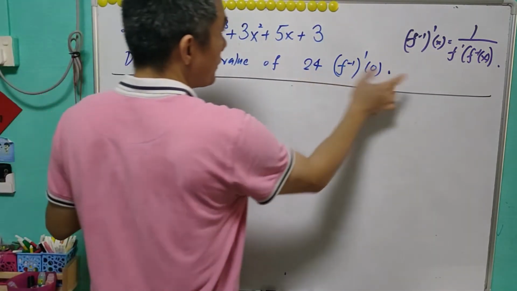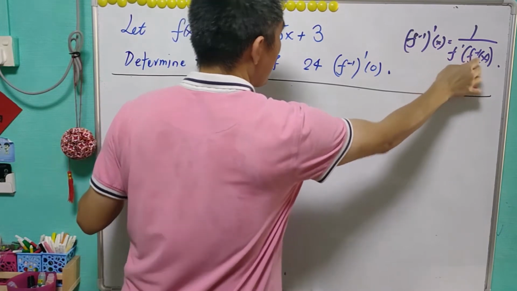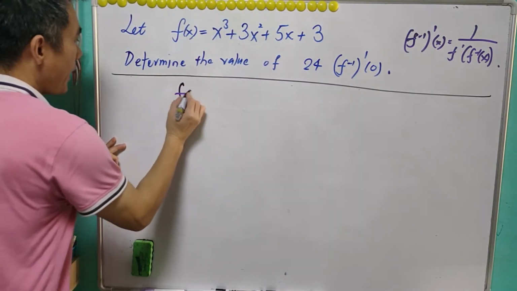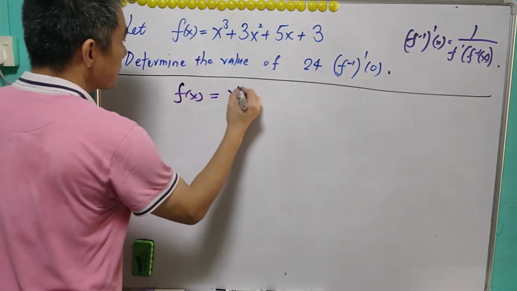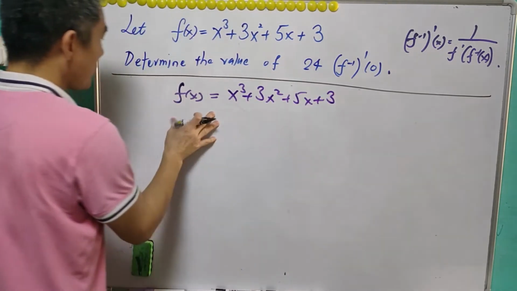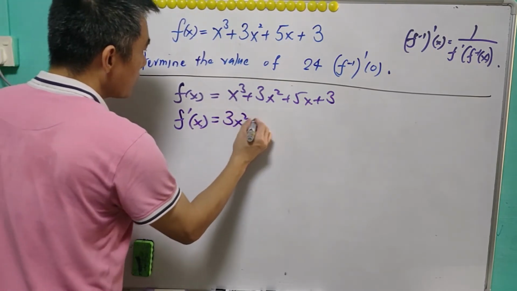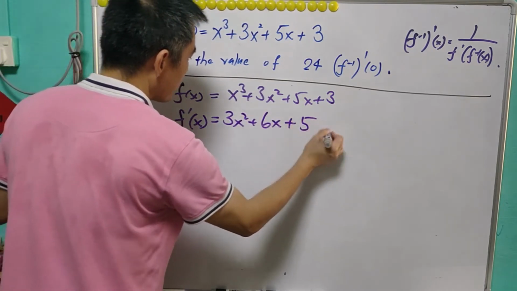So first of all, we need to get the expression for f prime. From f(x) equals x cubed plus 3x squared plus 5x plus 3, f prime is equal to 3x squared plus 6x plus 5.